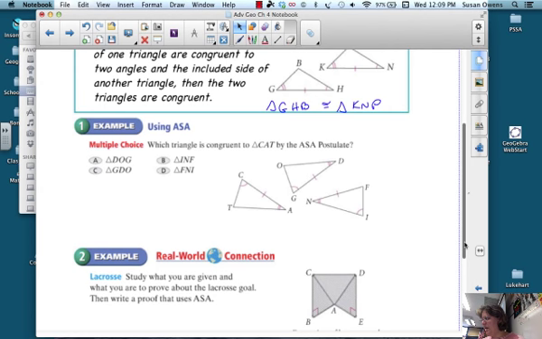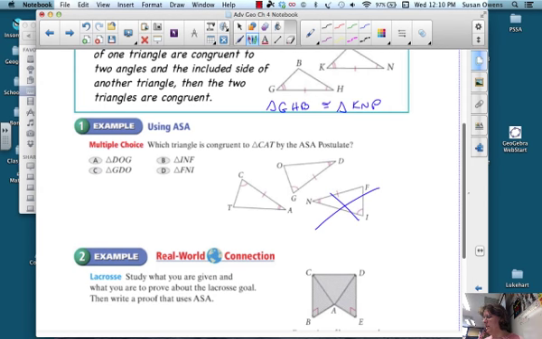For this one, we have: which triangle is congruent to CAT by the angle, side, angle postulate? If we take a look, we have C as our one angle, and first, I would make sure the side is between the two angles. So I can get rid of this triangle right off the bat because the side's not between the two angles.